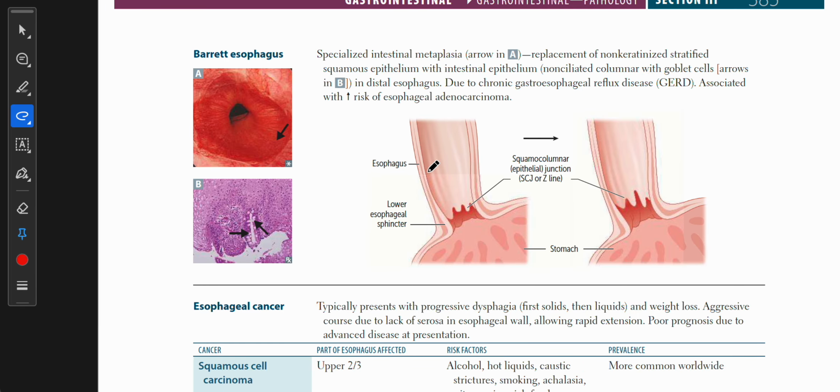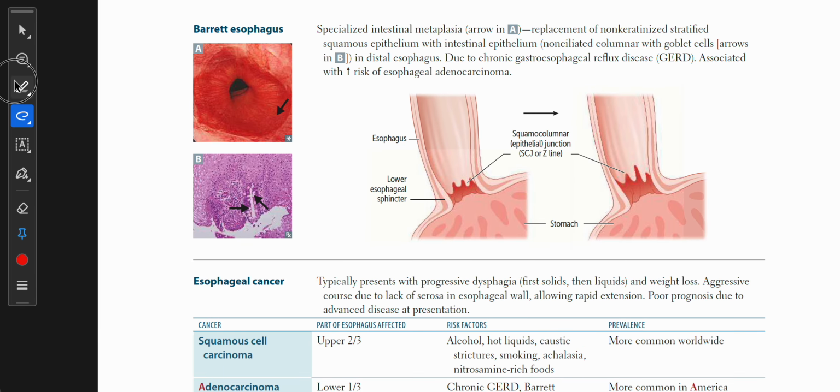So here we talk about Barrett esophagus. Barrett esophagus is specialized intestinal metaplasia, by replacement of non-keratinized stratified squamous epithelium with intestinal epithelium, that is non-ciliated columnar with goblet cells, arrows in B, in the distal esophagus.